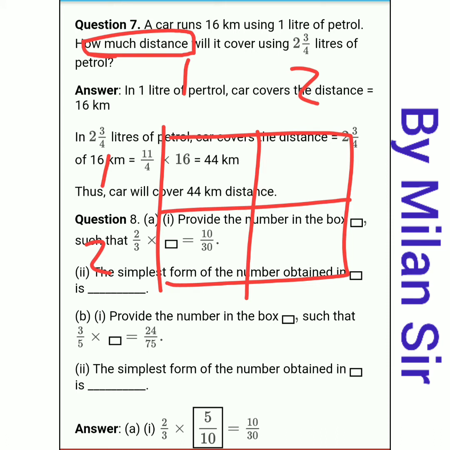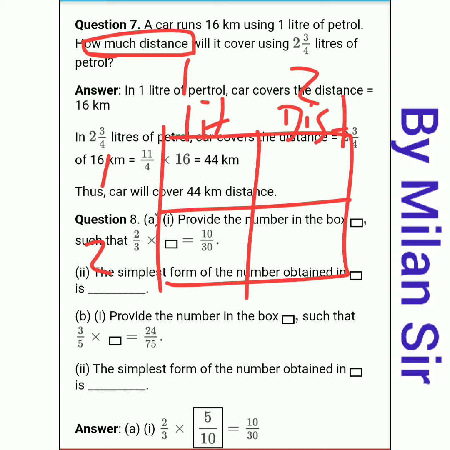Here we have two things, that is distance and liters of petrol. So we need to find distance, so we need to put distance in second position. Whatever we need to find, that we need to put in second position. And the other quantity, that means liters of petrol, we need to put in first position.